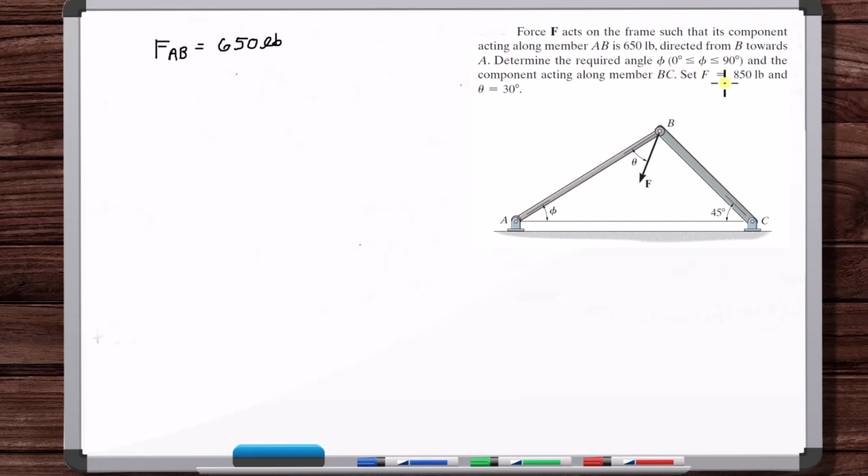Set F equal to 850 pounds, and this angle theta is equal to 30 degrees.